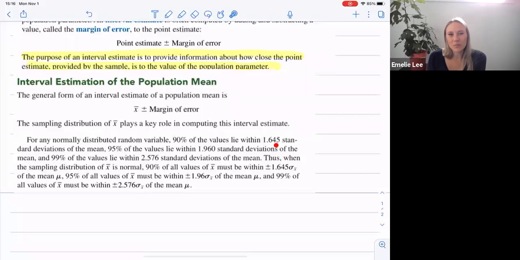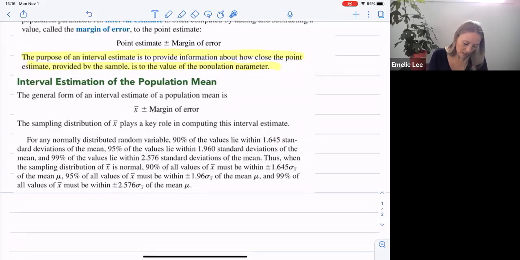That's using probably a Z table or Excel to find that. But there are going to be some key cutoff points, and we're not quite going to use these values for the mean. We'll use these values for the proportion, which is nice, but in general, these values are going to be coming from software, right?